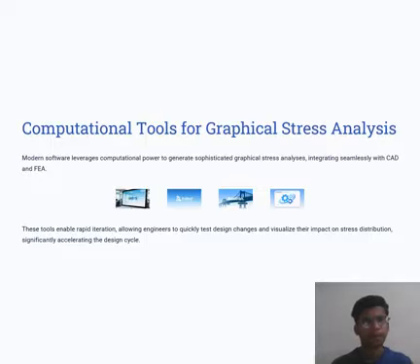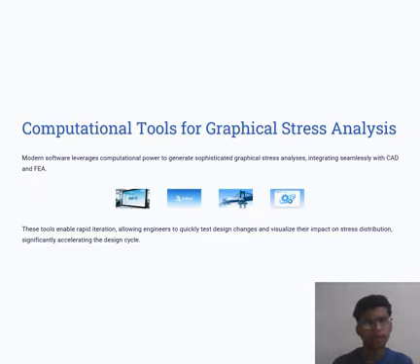Now, computational tools for graphical stress analysis. Modern software leverages computational power to generate sophisticated graphical stress analysis, integrating seamlessly with CAD and FEA.